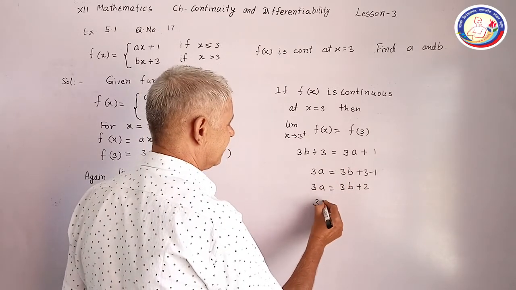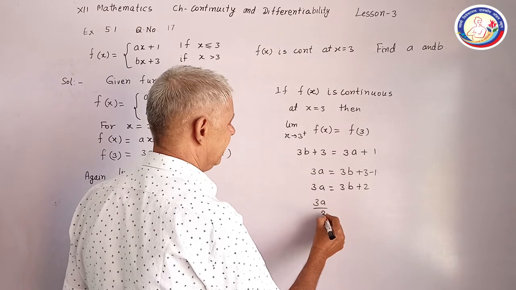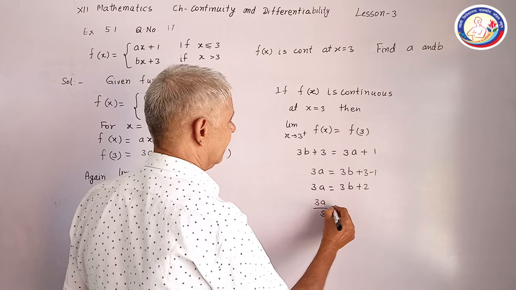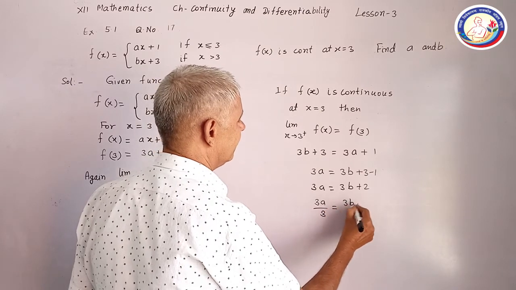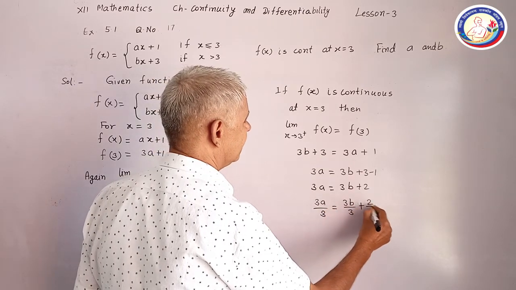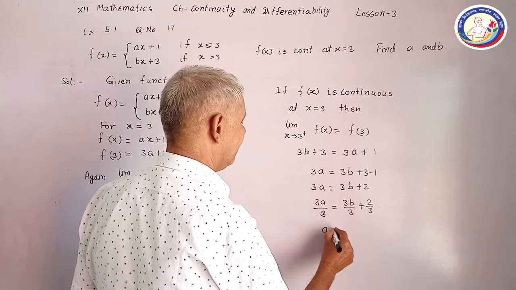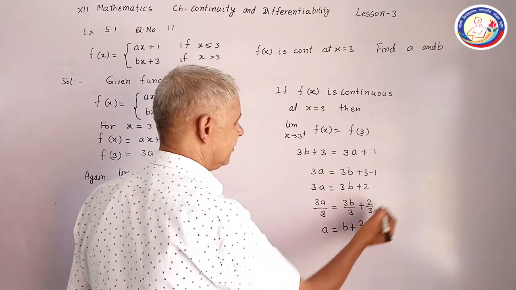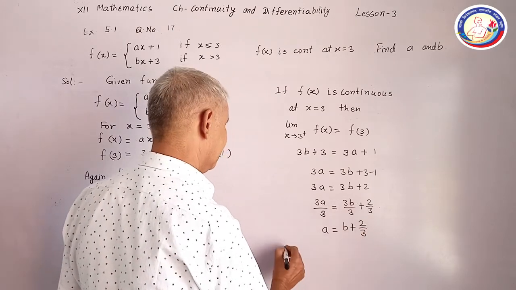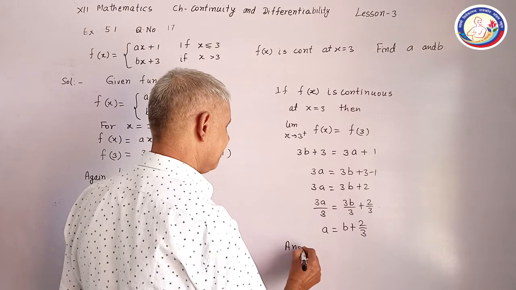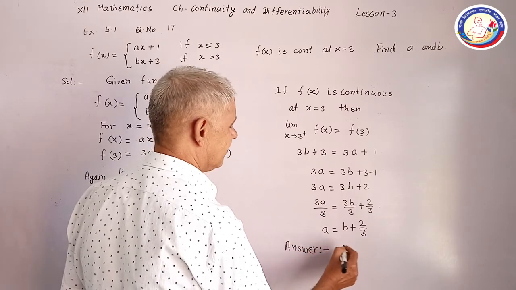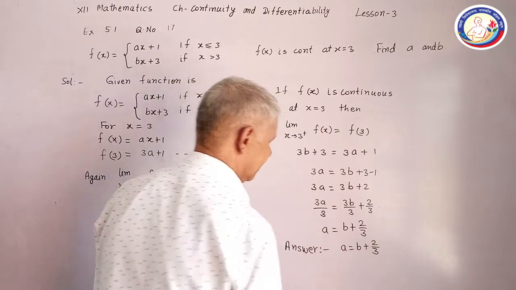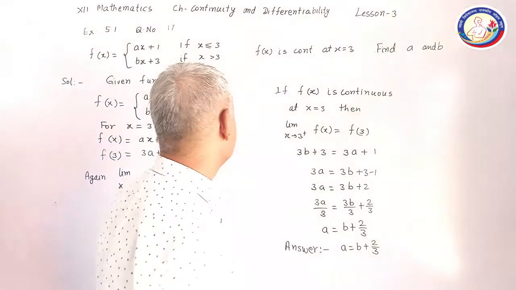We will have 3a upon 3 equal to 3b upon 3 plus 2 by 3. So a will be equal to b plus 2 by 3. This is our solution. So the answer is a equal to b plus 2 by 3. This is the relation between a and b.